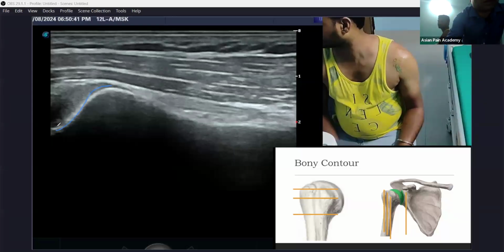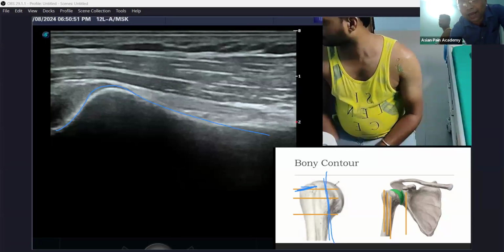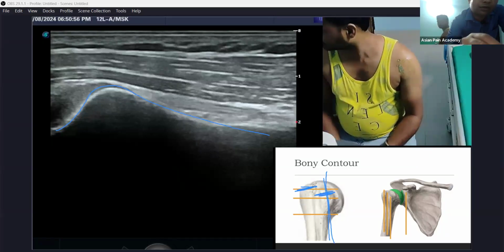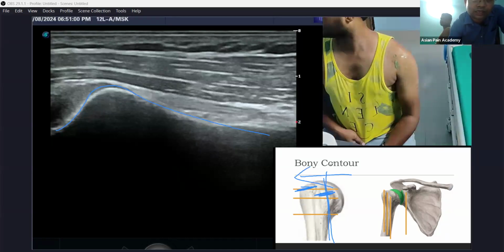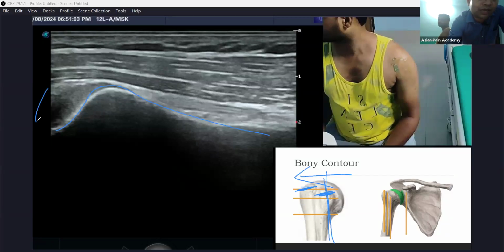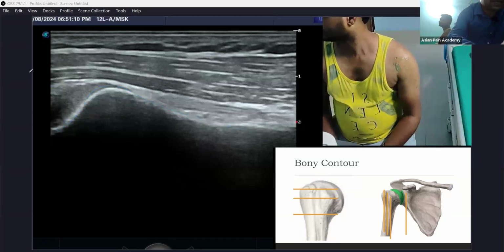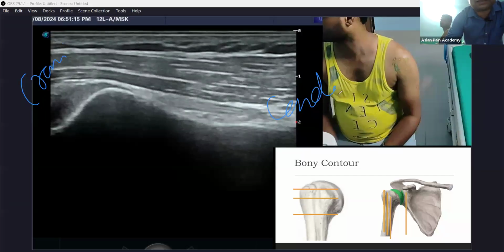One thing you may have noticed: the greater tuberosity is a bit higher, and the lesser tuberosity is a bit lower. If I come from the lesser tuberosity to the greater tuberosity, you will see the greater tuberosity appear here, because this is the cranial side and this is the caudal side.